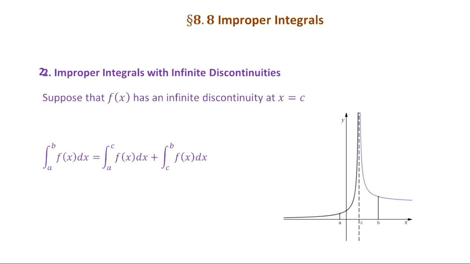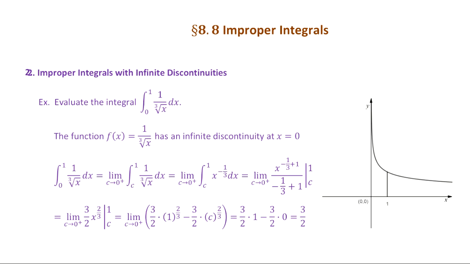Obviously you have to break it up into two sub-integrals, one from a to c and one from c to b. For each sub-integral, you have to use the previous definitions, do it in two steps and take the limit. So this turns into two improper integrals. It's more complicated.